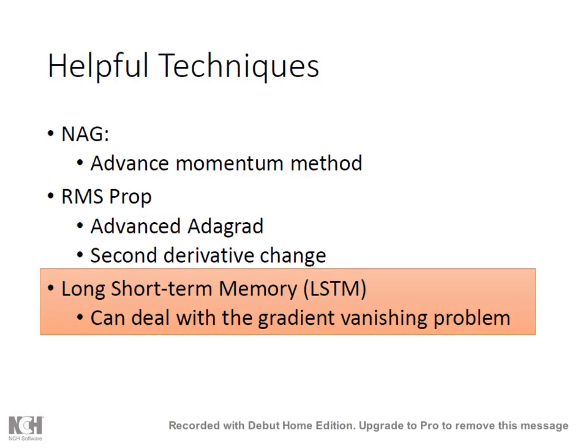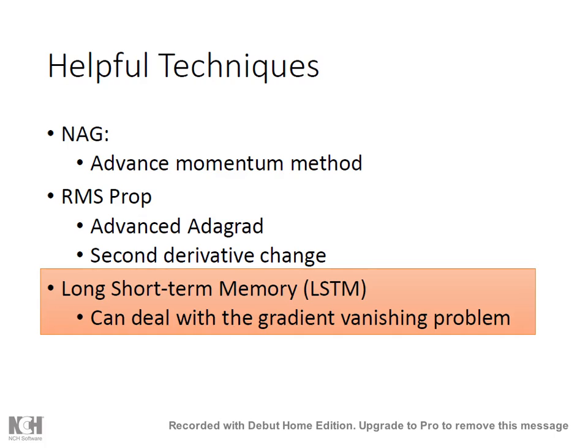You can use advanced momentum methods to improve your gradient descent, the technique to improve the gradient. Also, there is the advanced Adagrad, RMSprop, which uses the second derivative change.